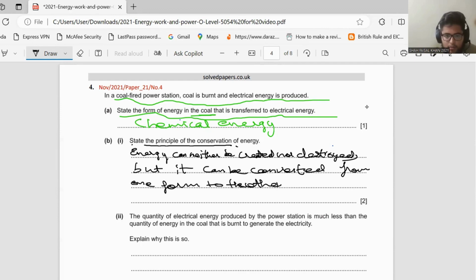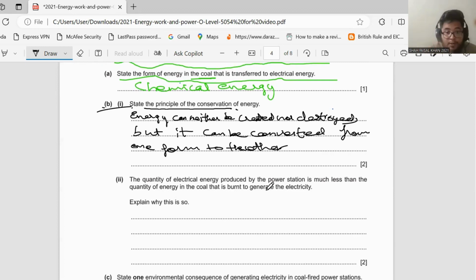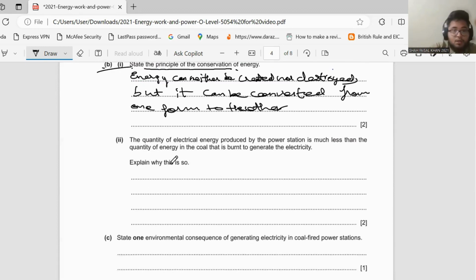Okay, this is the answer for this question. We have to write the principle of the conservation of energy.